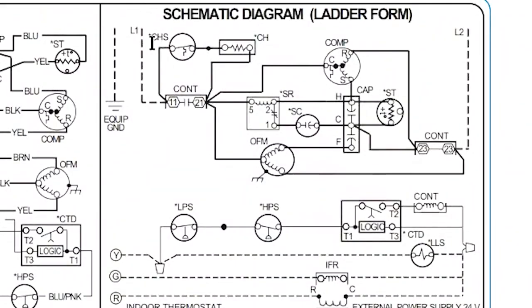Now, why did I say it was a thermostat? Well, I know it's a thermostat because if you notice this little image here, it's got this little squiggle where it goes up and then over and then over and then up. That is a temperature sensing switch. So whenever you see this little image where the line goes up and then over and then up and then over and then back up, this is a temperature sensing switch.